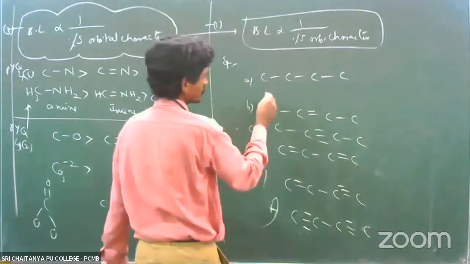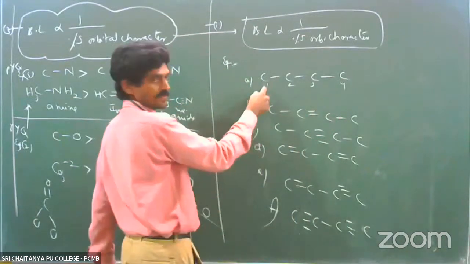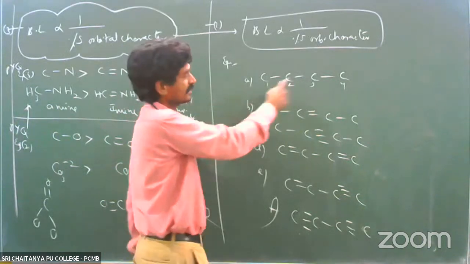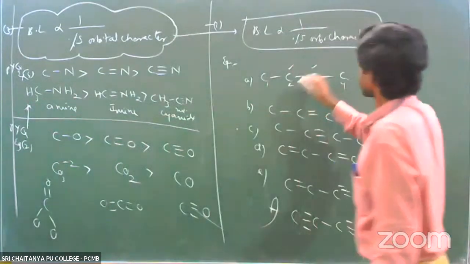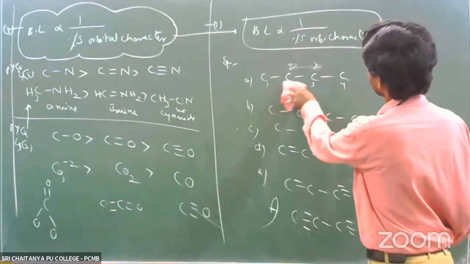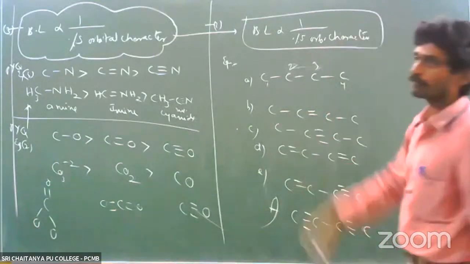So for example, first carbon, second carbon, third carbon, fourth carbon. It is sp3 carbon, all are single bonds, no pi bond. So I'm mainly focusing on the second and third carbon, because to understand the concept I just need to know what type of hybridization is there.